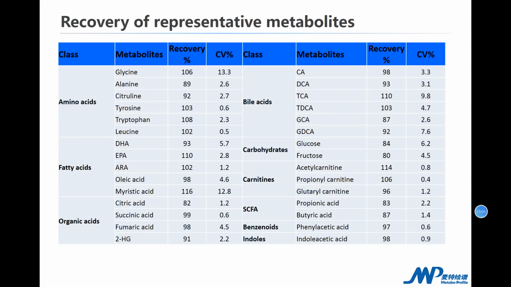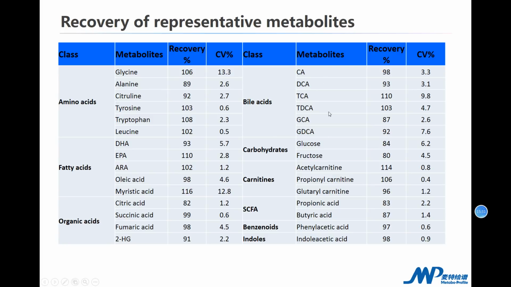Here we listed the recovery of some representative compounds, like the branched-chain amino acid leucine. The recovery rate is 102. For the important fatty acids DHA, EPA, and ARA, the recoveries are 93, 110, and 102 respectively.